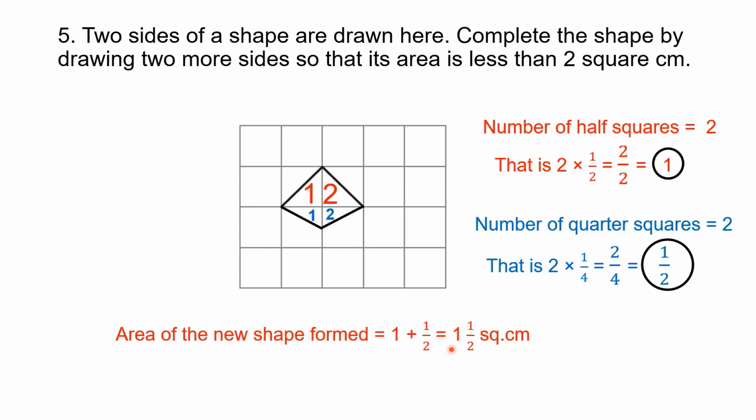That is 1 1/2 square centimeters. This 1 1/2 square centimeters is less than 2 square centimeters. Hence, we have drawn 2 more sides to complete this shape so that its area is less than 2 square centimeters. Hence, verified.